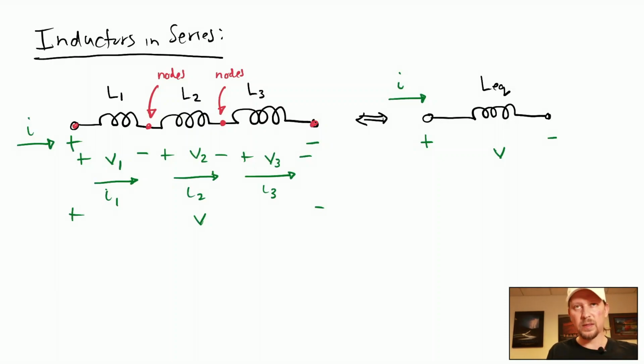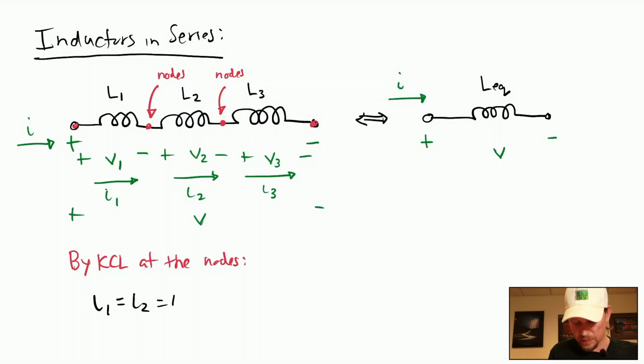So hopefully by using KCL by now, you should be able to see immediately that by KCL at the nodes, we should have that I1 is the same as I2 is the same as I3, and it's the same current flowing into the entire network, I.